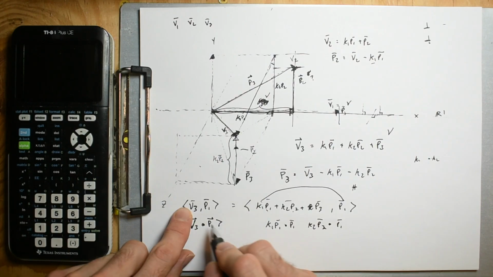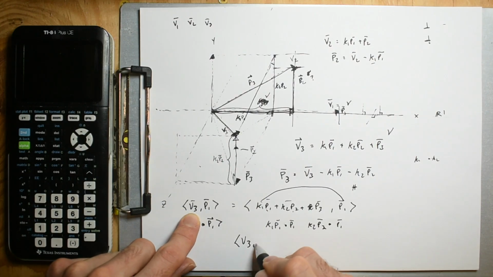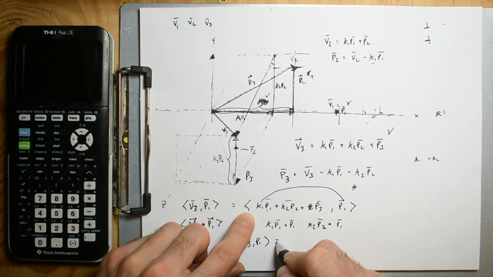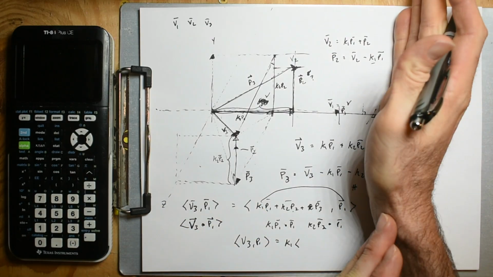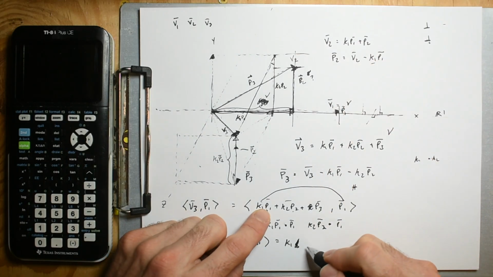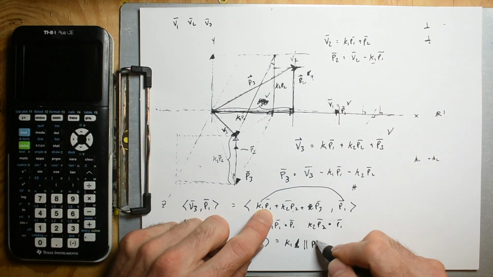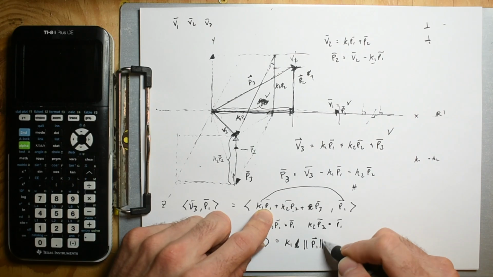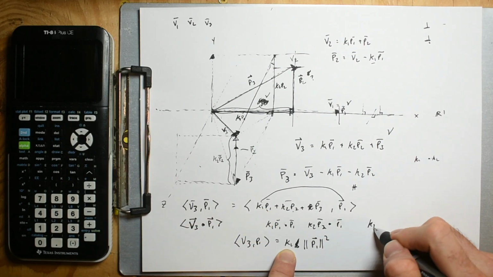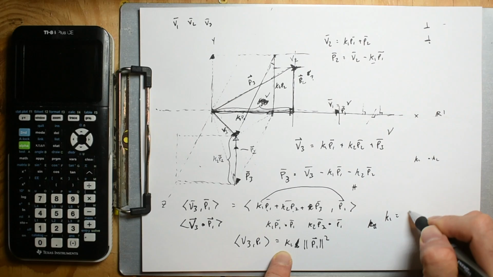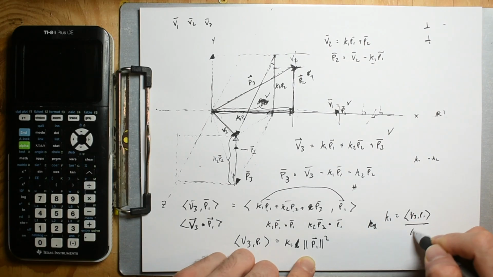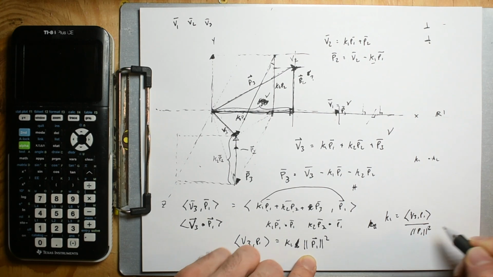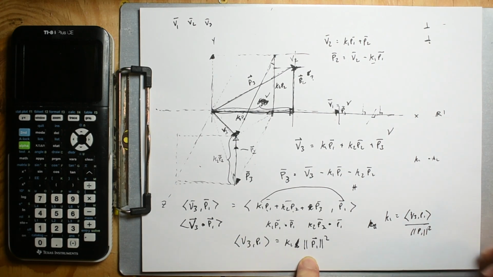So then we have this inner product, V3 P1, is equal to K1 times the dot product of P1 with itself, which is just its magnitude squared, because you get 100% of it. And then we solve for K1. K1 is V3 P1 divided by the inner product. We got 48 seconds.